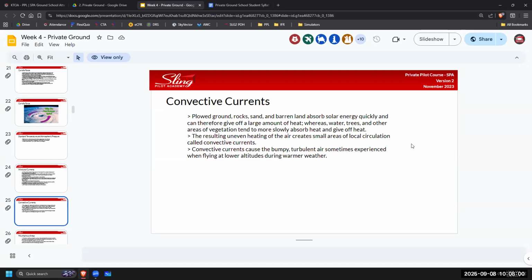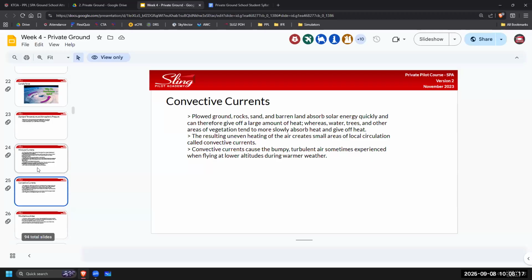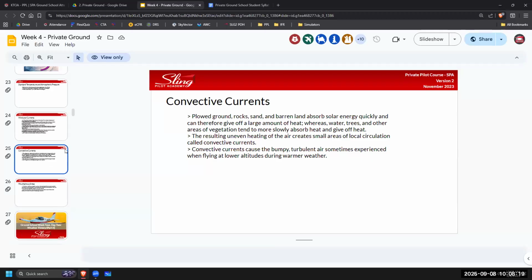Makes sense? The way that the ground is heating is creating a little current, a convective current, right over the ground. And that's causing an updraft that you sometimes hit right before you're on final for the runway. Okay.